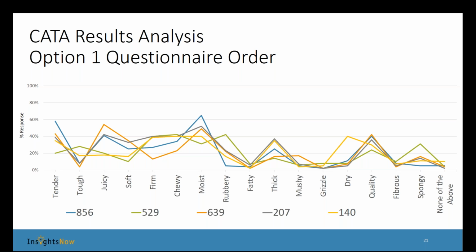One simple way to display this information is to show those attributes in the order they show up on your questionnaire, even though they're probably randomized for the consumers. But show them in that order, because maybe the way you order them has some sort of meaning to you. So maybe you're putting a certain type of attribute on the left and a certain type of attribute on the right, and that will help you see some patterns.